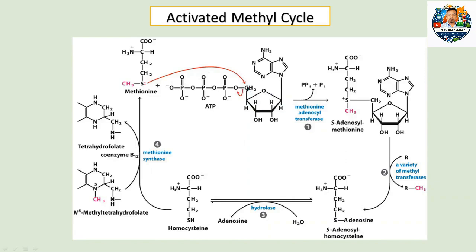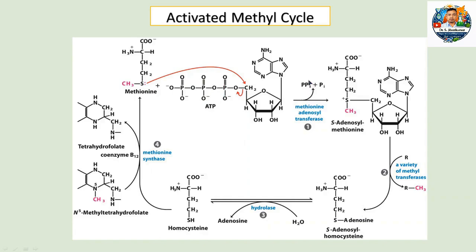Since this carbon cannot form 5 covalent bonds, this bond will be broken, and the electrons which were used to form this bond will be accepted by this oxygen. So this will leave as triphosphate, but it doesn't leave as triphosphate.